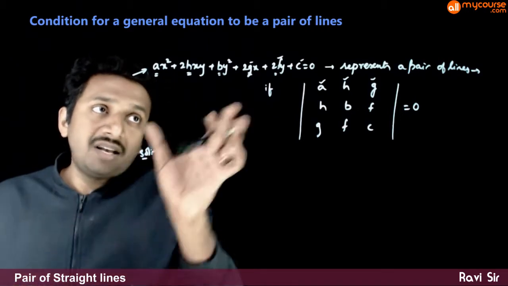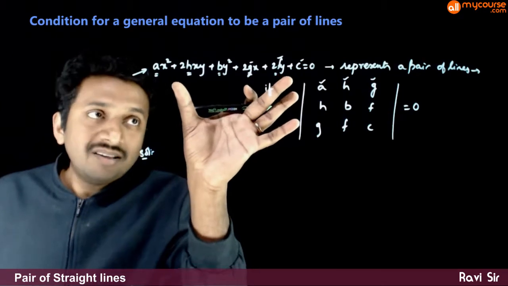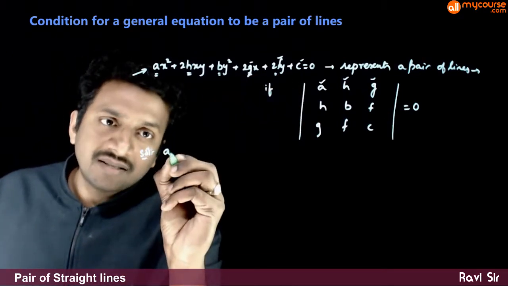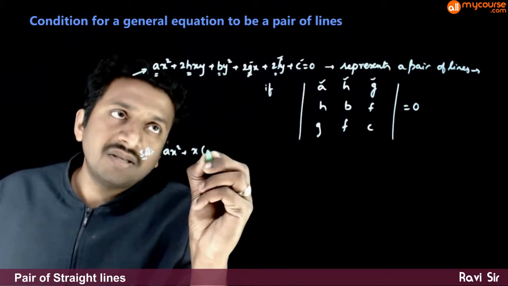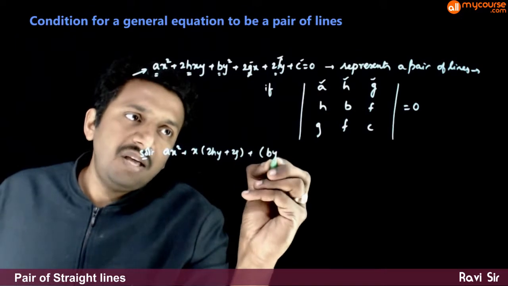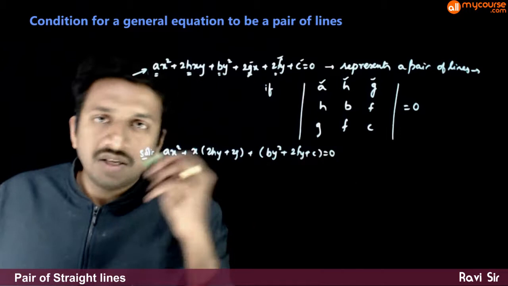As we have already seen, how do we factorize this? We factorize this by assuming that this is a quadratic in x. So ax² + x(2hy + 2g) + by² + 2fy + c = 0.